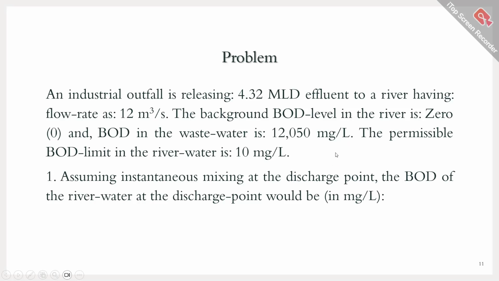This is the total BOD, whole divided by the total volumetric flow rate, that is 4.32 plus 12, in similar units that you have to do. So A plus B equals to C, and A into CA plus B into CB equals to C into CC. That is basically the mass balance equation or concentration balance equation you have to use here.